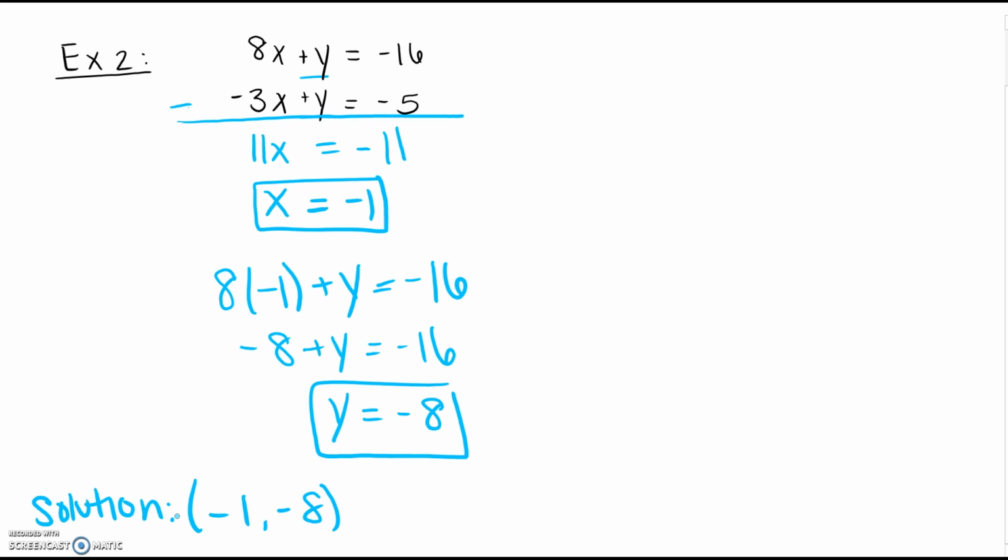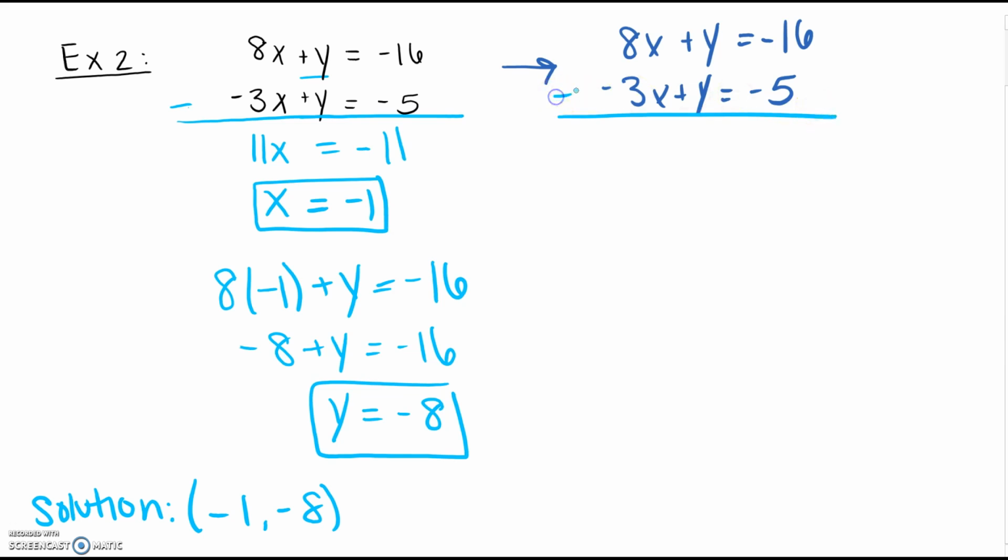Okay, so another way to do this, if you'd like to, which I recommend doing, is make it so you don't have to ever subtract. So 8x plus y equals negative 16, negative 3x plus y equals negative 5. So what we could do is notice, okay, yes, I need to subtract, but instead, why don't you distribute this negative and rewrite it?